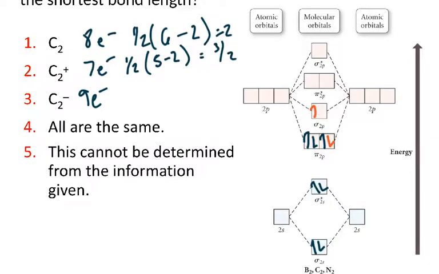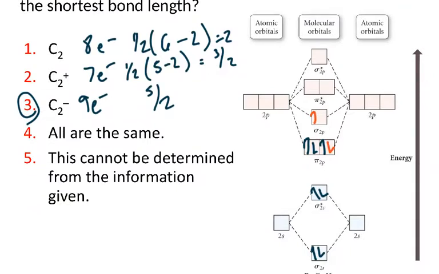So logically, our C2 minus is going to be greater because we have one more electron in a bonding orbital with the same number of antibonding. So our bond order there is going to be the highest, specifically 5/2, and a higher bond order leads to a stronger bond, which is a shorter bond length, which is what my question was asking. So the answer is 3, C2 minus.